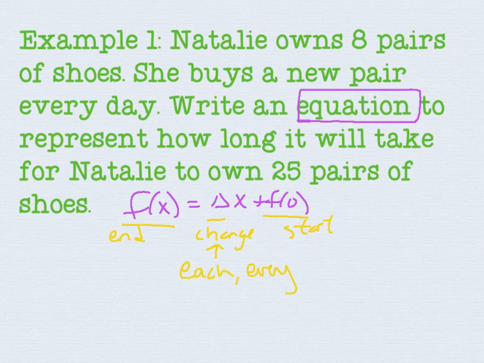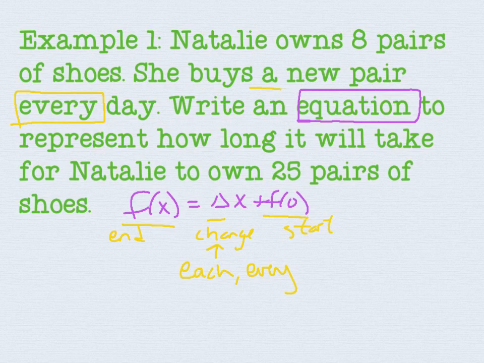Where do I see the word each, or every, or per? If I read back through, she buys a new pair of shoes every day. So we have to figure out what number is representing that multiplication that we're doing over and over again. How many pairs is she gaining every day?